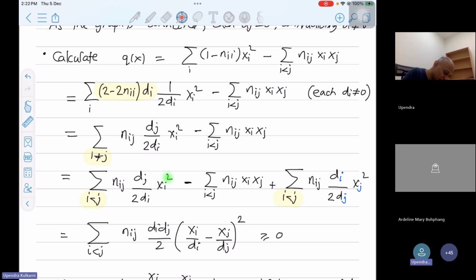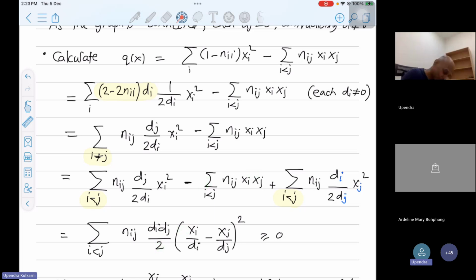So the denominator will become xi square divided by di square, xj square divided by dj square. And this just becomes a sum of squares. Notice that the middle term also works out because when I expand this square, I'm going to get di times dj in the denominator, which will cancel out with this one, and the 2 times that will cancel out with this one will give me the second term.